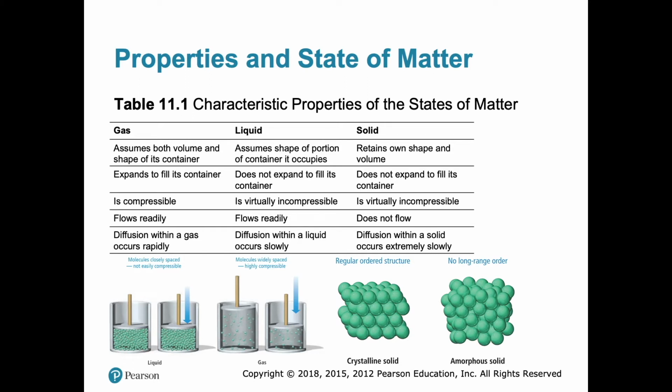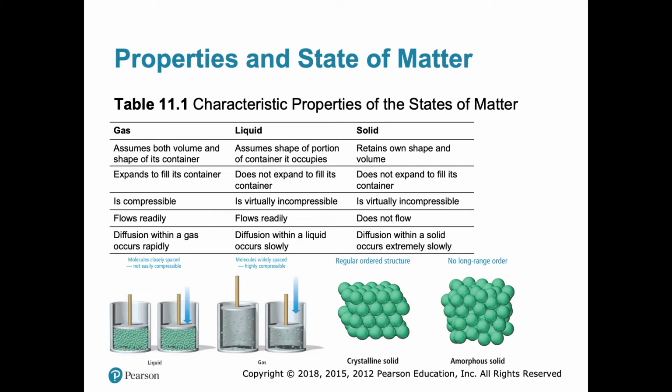And so what happens is that they compress it all the way down, but then when you start spraying it, you start losing the gas molecules, and so the pressure isn't as high anymore. So as you keep on using it, you actually feel it get weaker and weaker as it comes out of the nozzle, right? So gases are compressible. They flow readily, of course, right? And diffusion within a gas occurs rapidly.